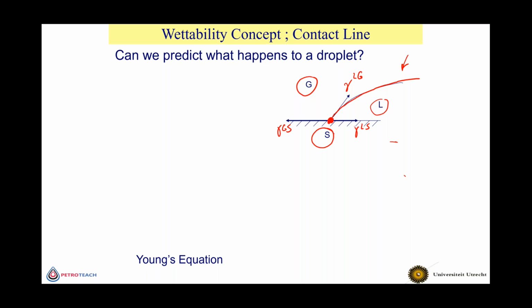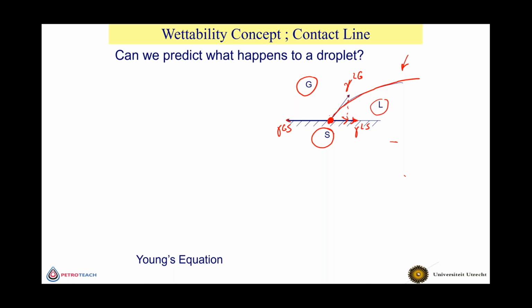As you can see, the gamma ls is pulling to the right in this drawing, and the gamma lg is also pulling to the right, but only one part of it, the component of it, is pulling to the right, and gamma gs is pulling to the left.